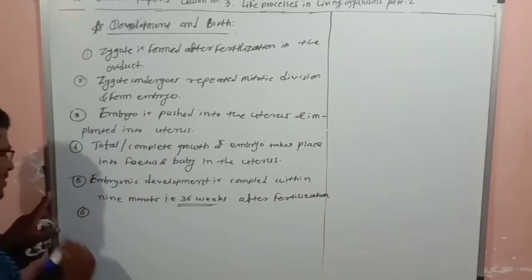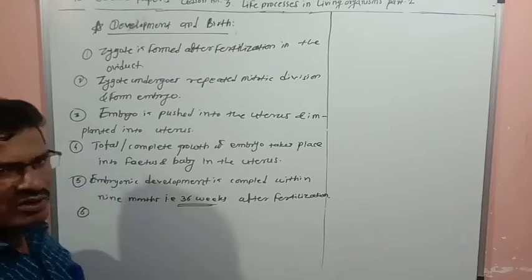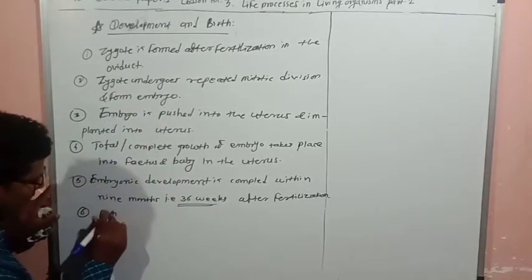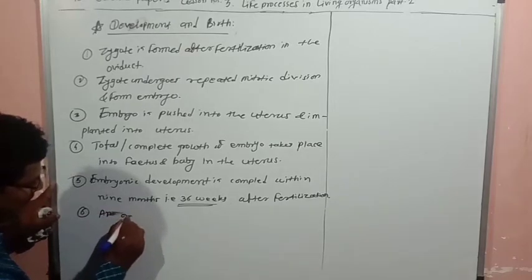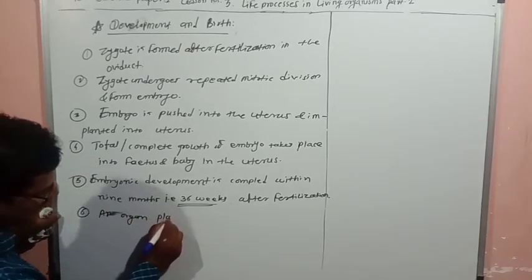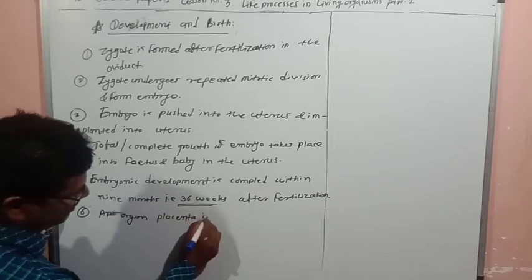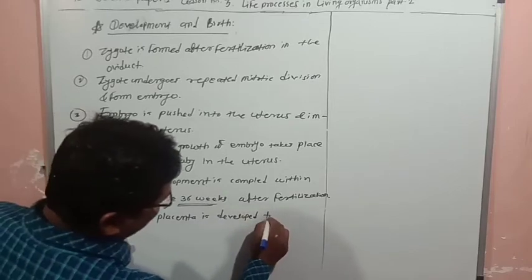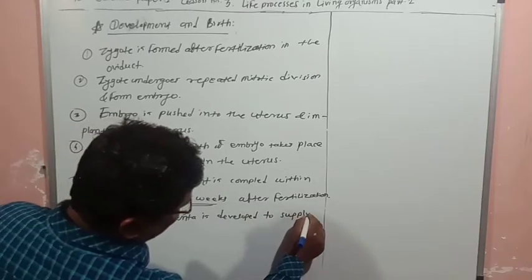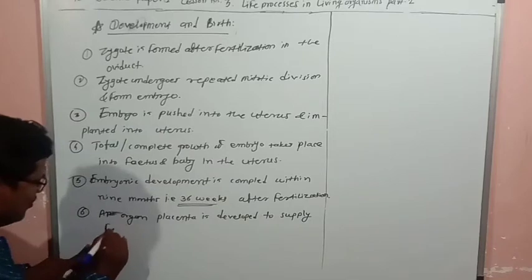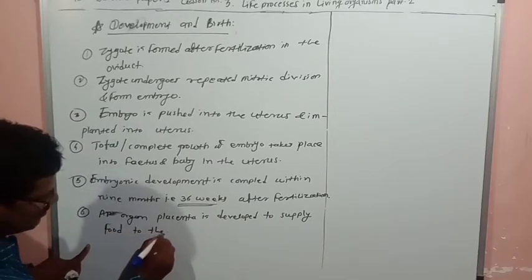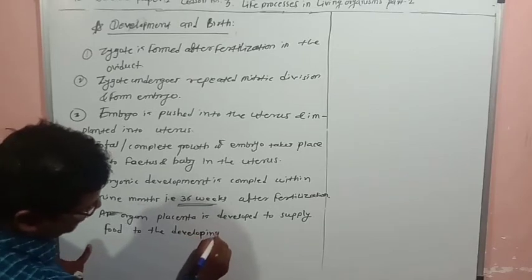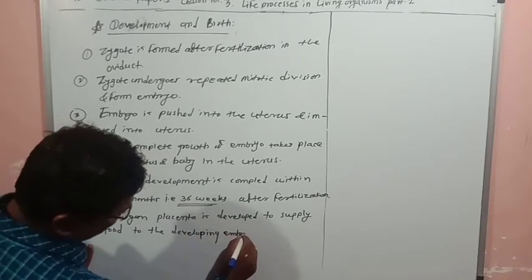And the sixth point: how does that particular embryo get food? An organ, the placenta, is developed to supply food to the developing embryo.